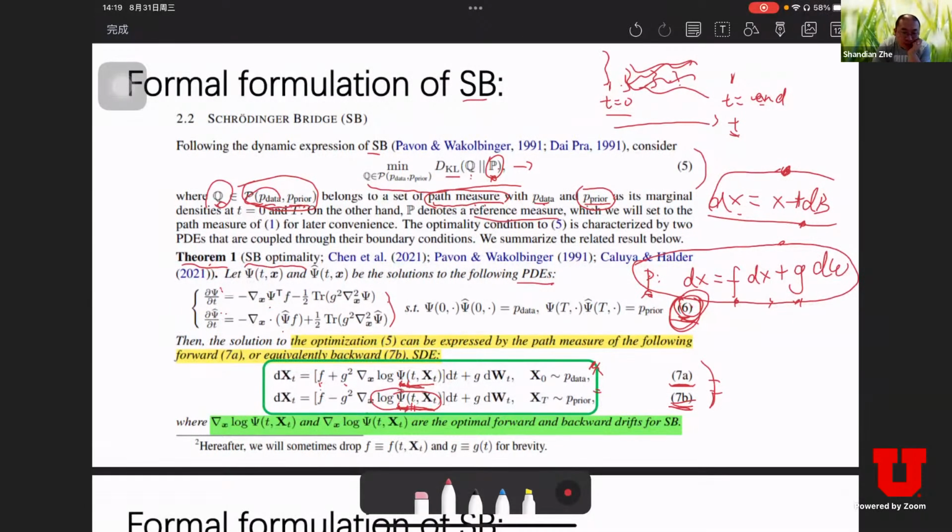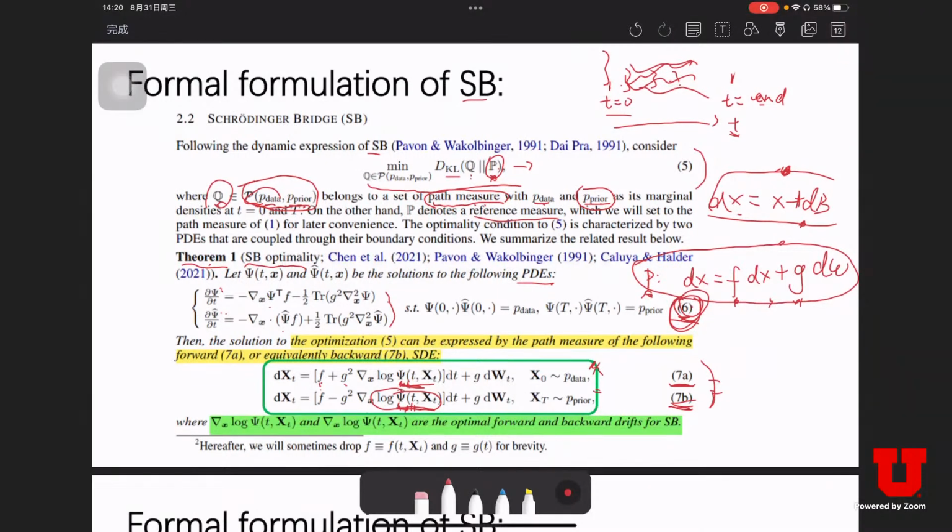Psi and psi hat equation. And here psi 0 times psi hat 0 equals p data. Do you need to know the form of p data? Otherwise you cannot specify this boundary condition.